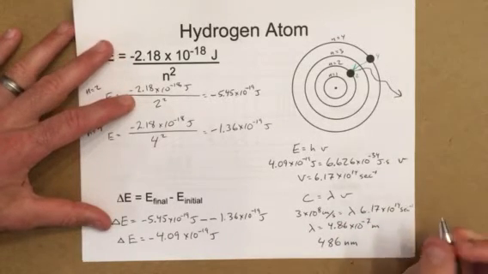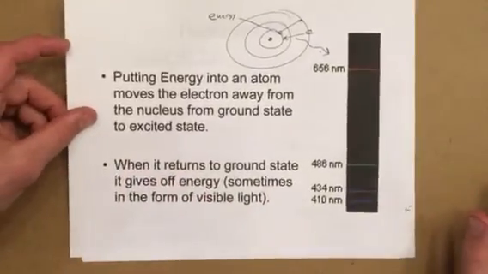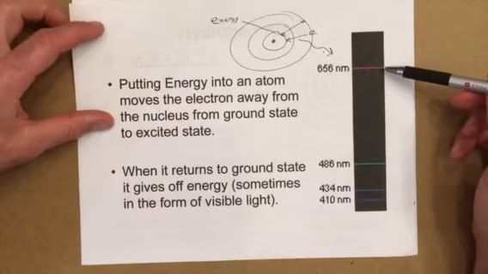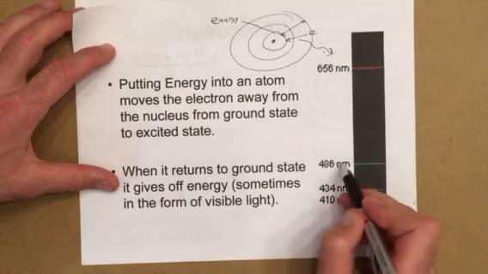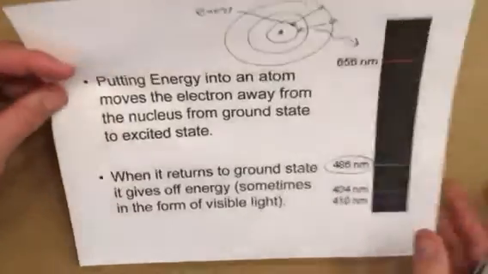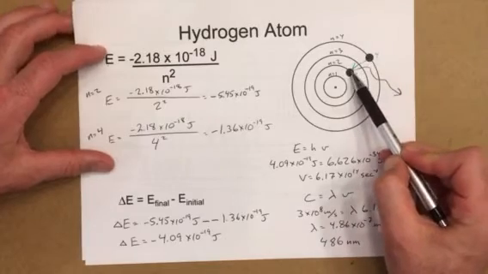All right? And then if we see where we've seen that number before, let's flip back to our previous page. And this was the emission spectrum for hydrogen. So hydrogen had 4 colors of light being emitted, and one of them had a wavelength of 486 nanometers. So that 486 nanometers corresponds with an electron moving from the 4th energy level down to the 2nd.